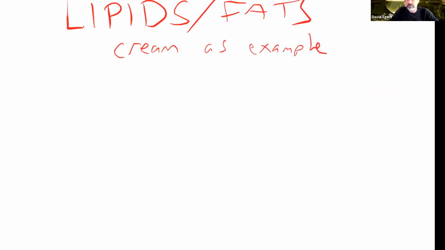Cream is already not just a pure fat. If we were going to use a pure fat, we'd be using butter, but then it's really tricky to mix it with things. So cream already has the little fat distributed through something more watery. So what we need to talk about is the idea of emulsification.